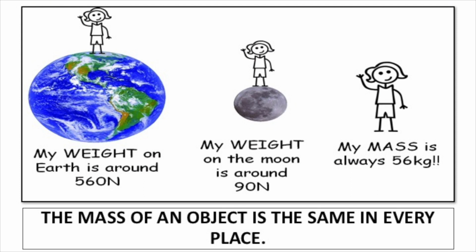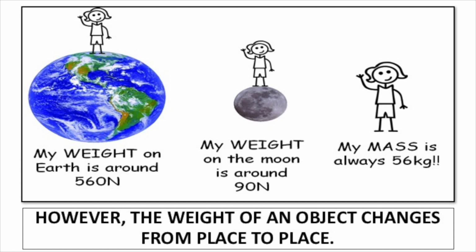The mass of an object is the same in every place. However, the weight of an object changes from place to place. Okay, now this picture here, what planet can we see? Earth.